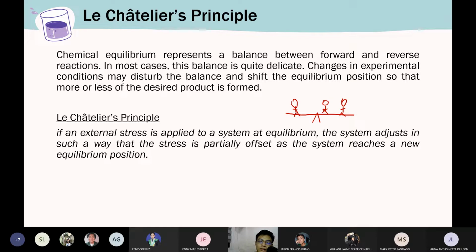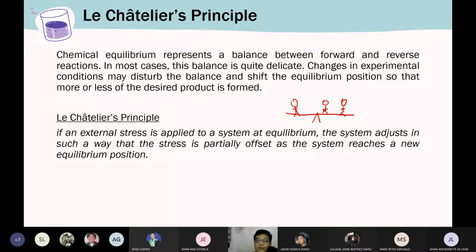Change the concentration, or change the temperature. If you change the temperature, you will also induce problems to your equilibrium system. If you change the pressure and volume, gases in particular will be affected.